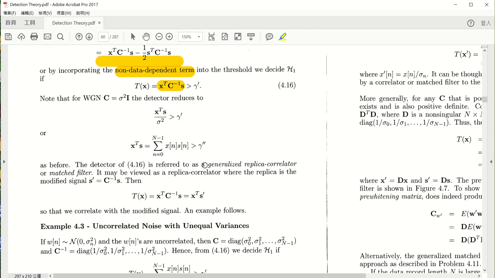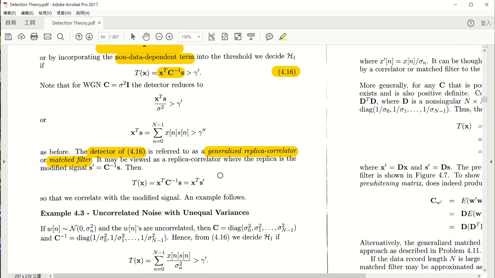And now this detector, which is this one, is referred to as a generalized correlator or match filter. This is generalized because of what? Because it has a generalized version of the covariance matrix, C minus 1. Of course, C is supposed to be known.